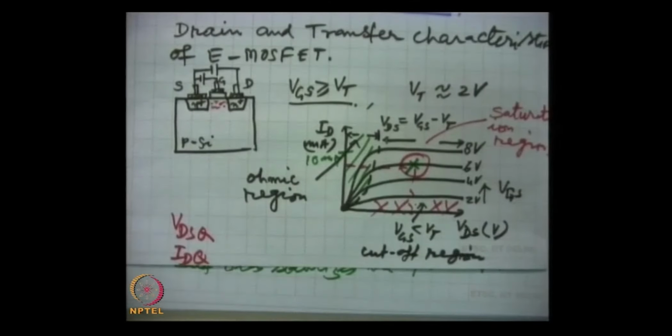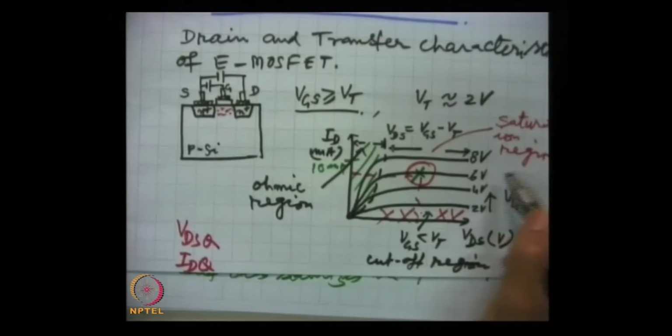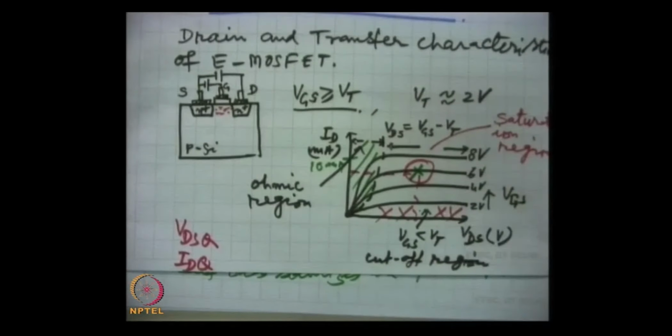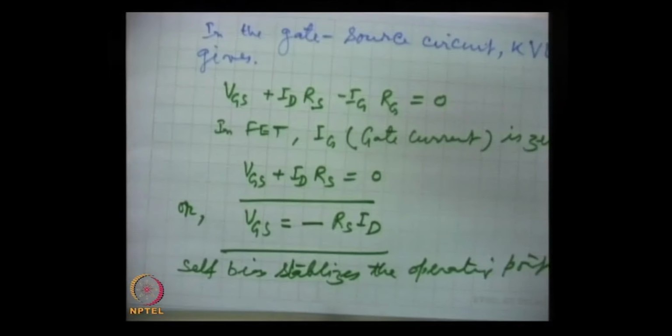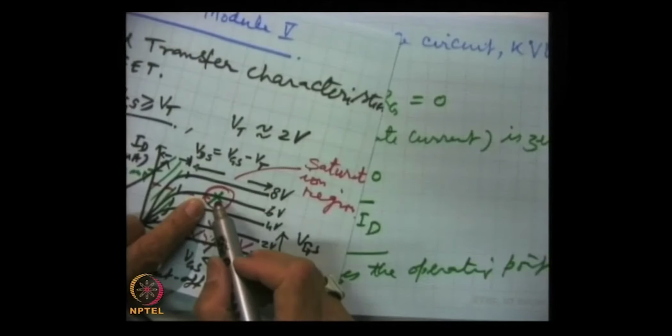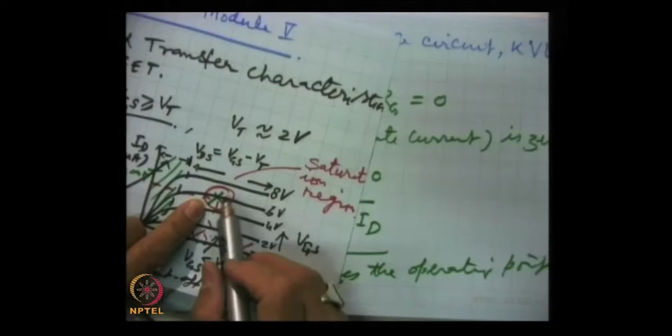At the Q point, all parameters, including Vgs, are known. So, this operating point once chosen will be stable against all kinds of variations. Let us look at this point.